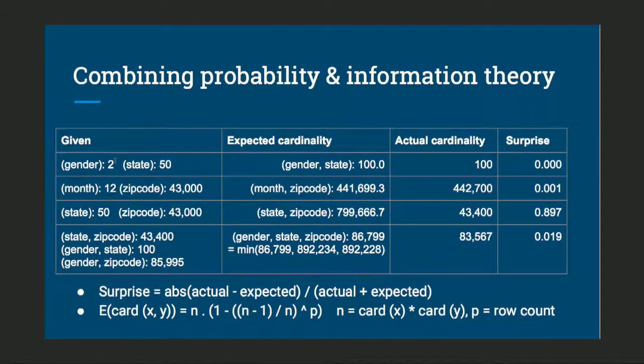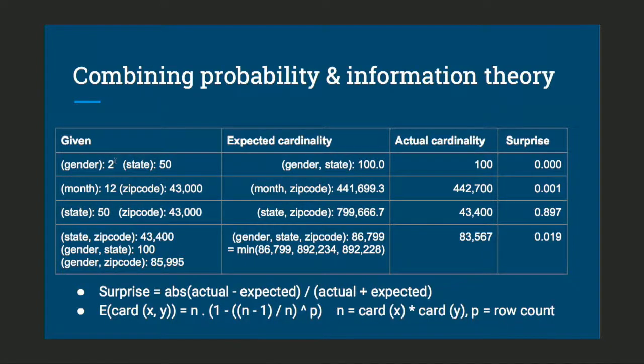Information theory says, and another way of looking at it is probability, that most combinations of columns are statistically independent. If we combine gender and state, because they're independent of each other, there are 100 distinct values. If you hadn't seen the data and someone asks how many distinct values of gender and state there are, you'd say 2 times 50, 100.